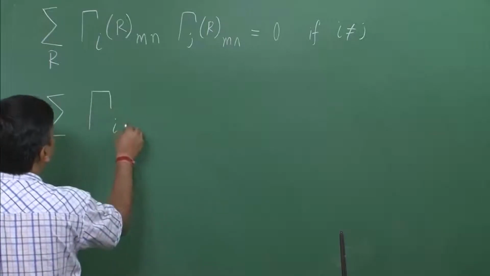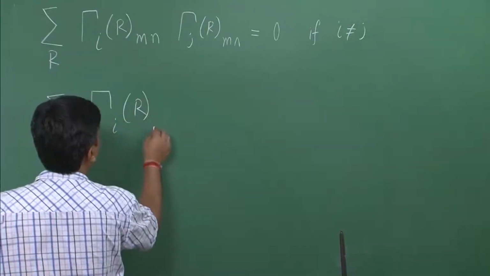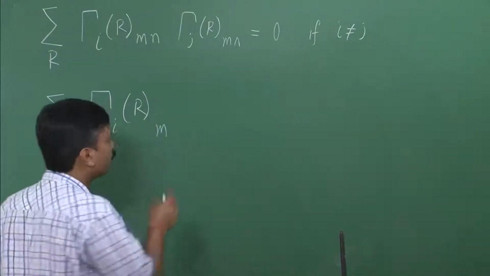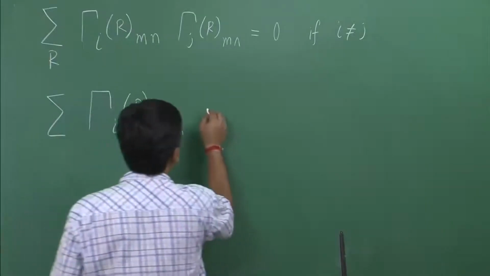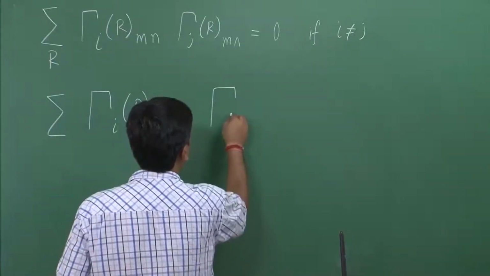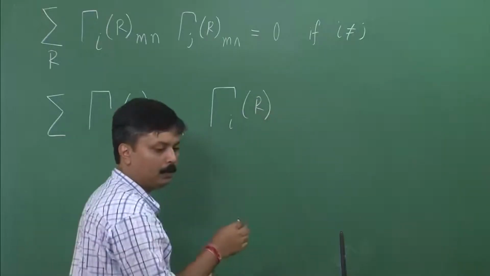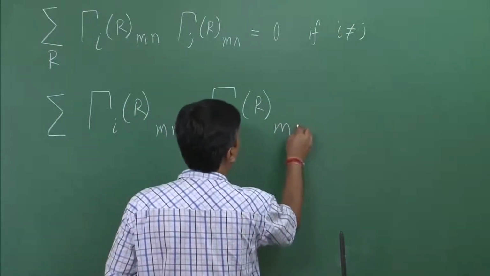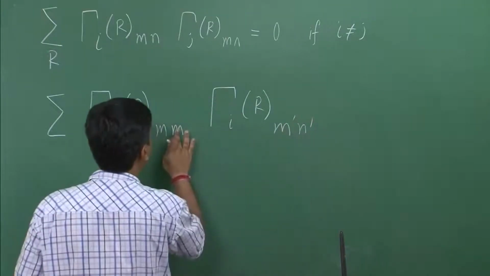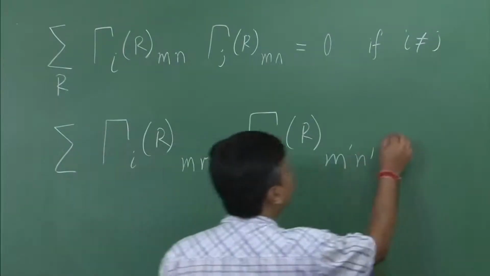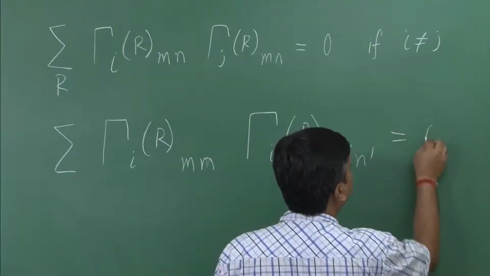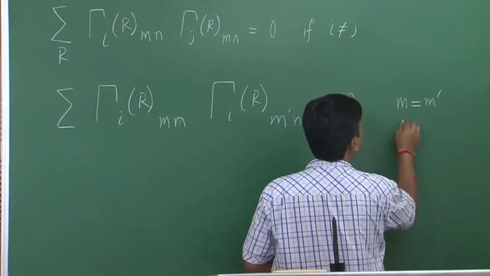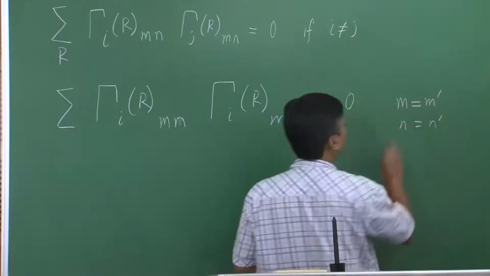So if I choose the same irreducible representation, but say, okay, then this will be 0 unless m equals m prime and n equals n prime.